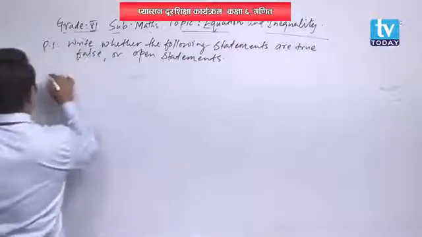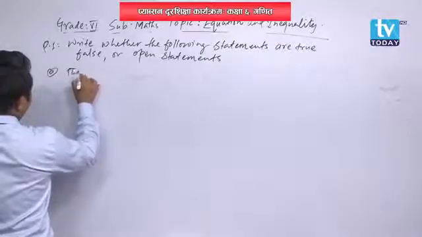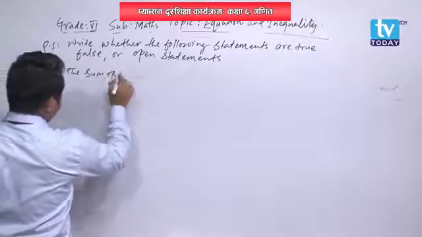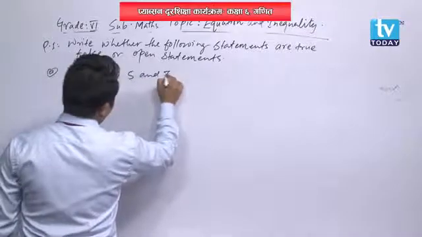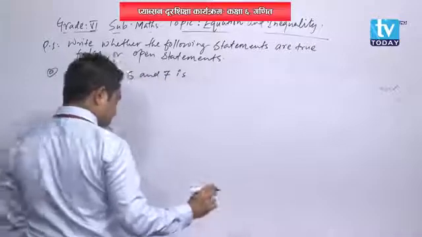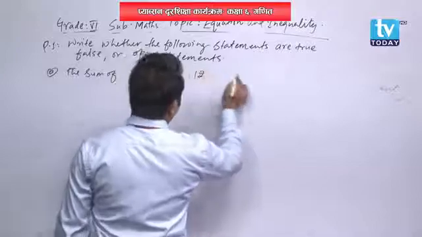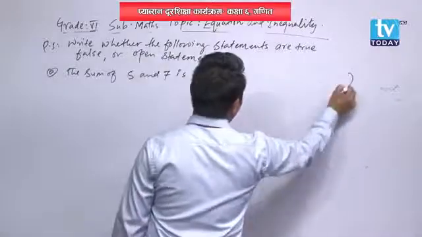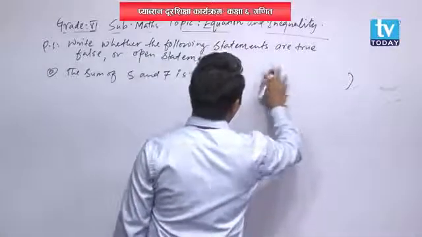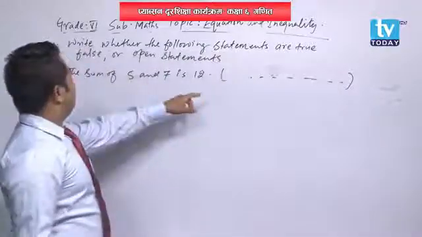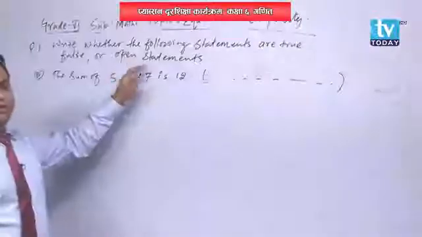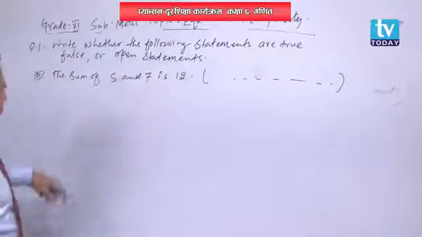Number A, the sum of 5 and 7 is 12. What kind of statement is this? Please write here in the blanks whether this is a true statement or false statement or open statement. Please write yourself.